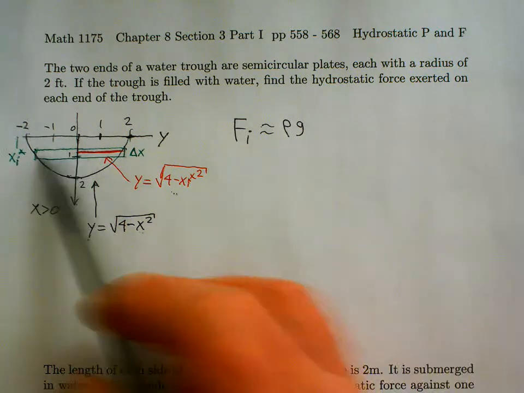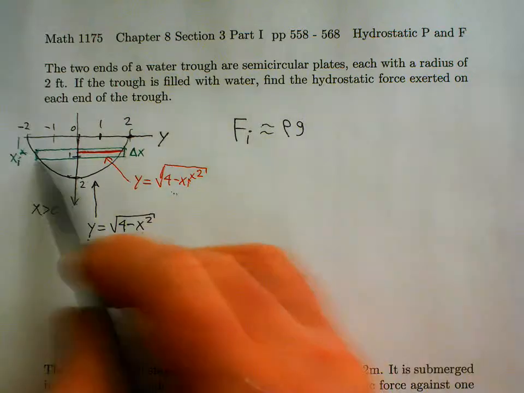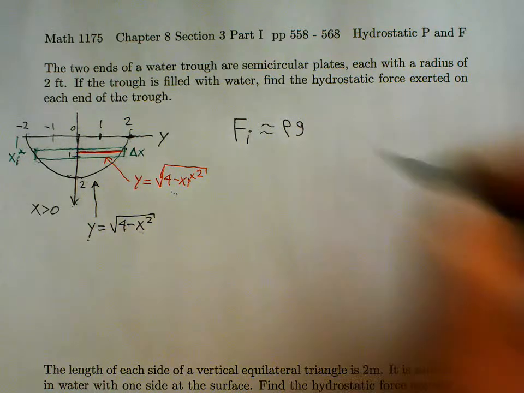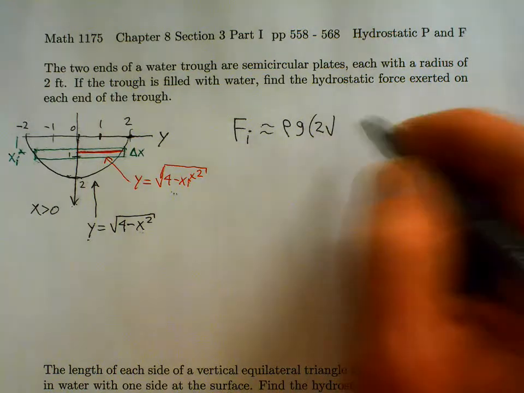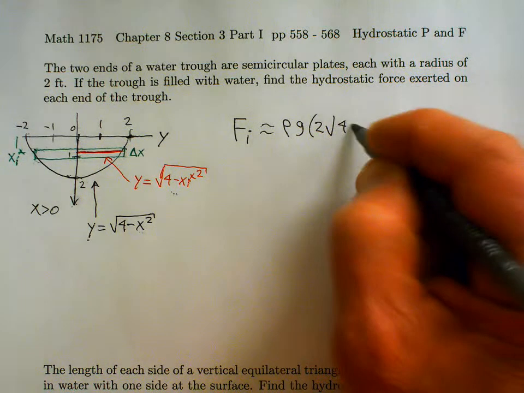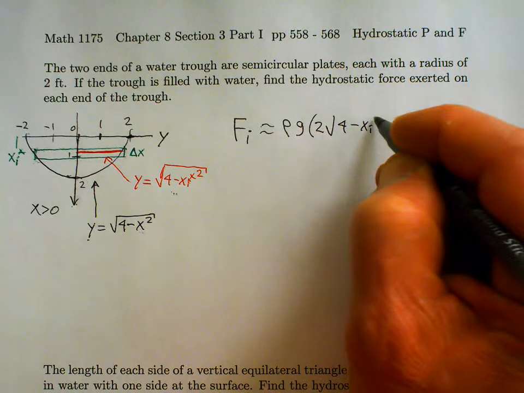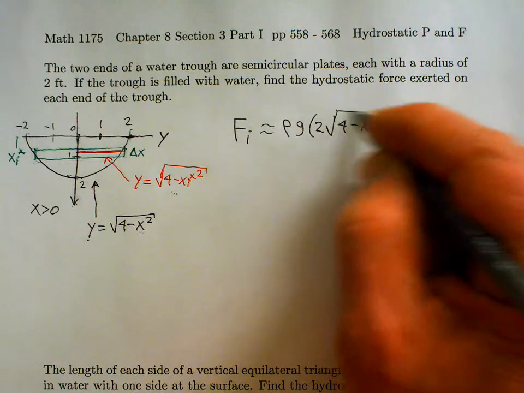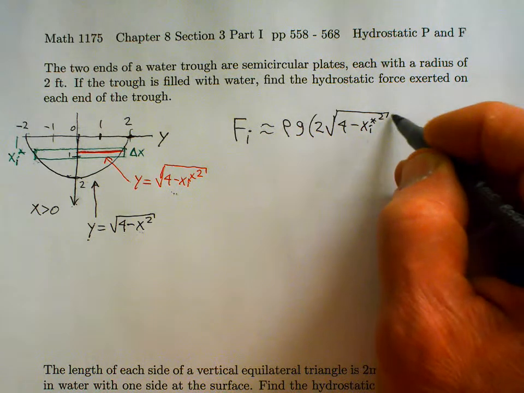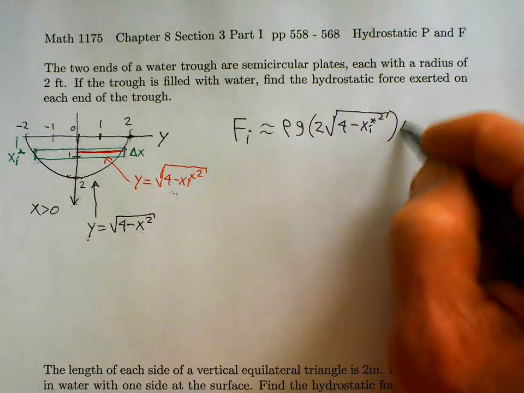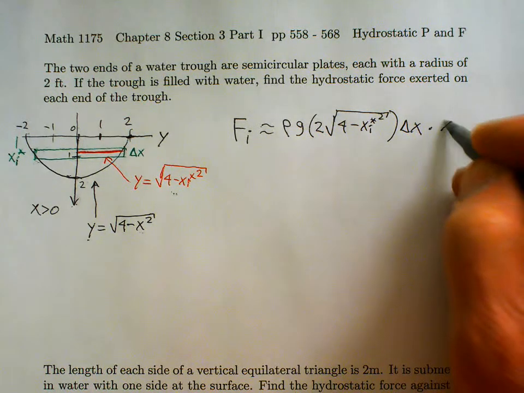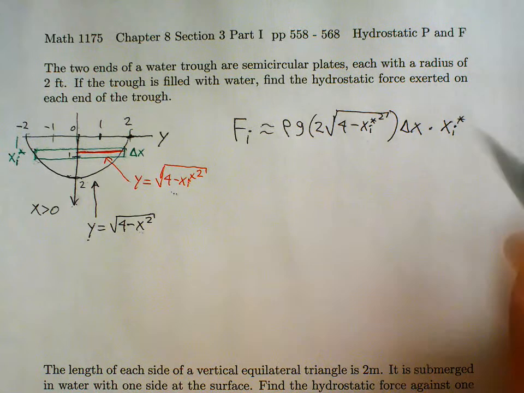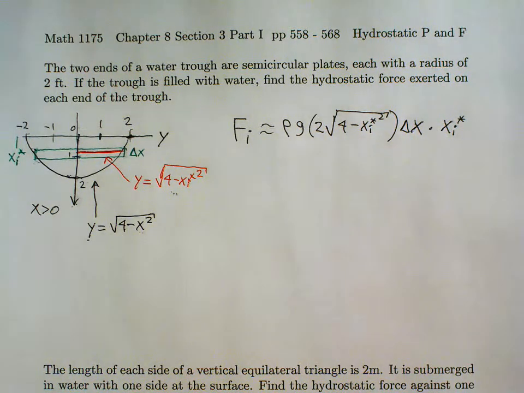Okay, the area of the rectangle, the complete rectangle, is 2 times the square root of 4 minus x sub i star squared times delta x, and then times the depth, x sub i star. You see that?